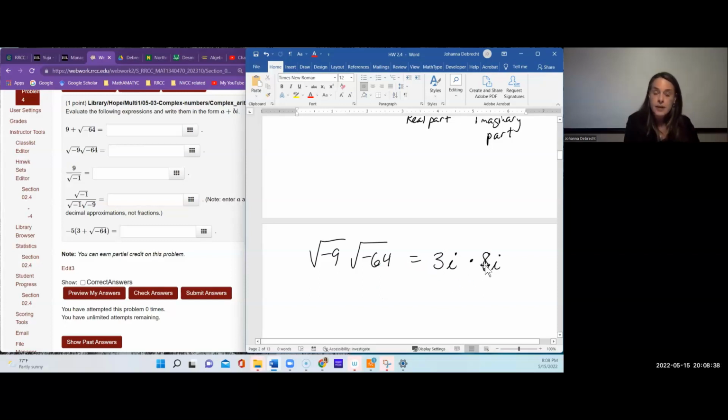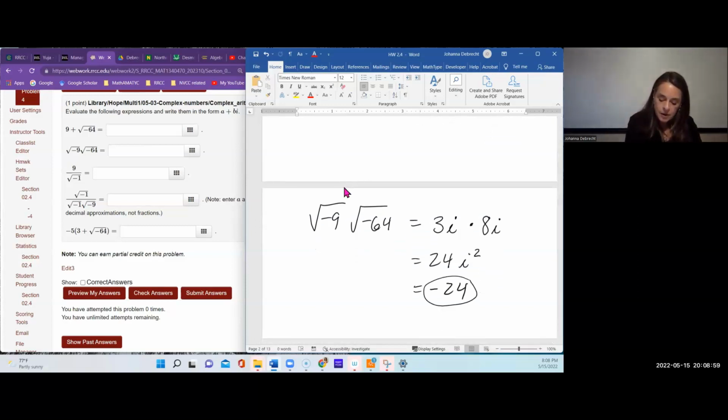The 8 is the imaginary part there. 3 times 8 gives me 24. And I times I is I squared. But we've memorized that I squared is -1. So this gives me -24. Basically, I squared changes the sign. That would be the answer to that part.